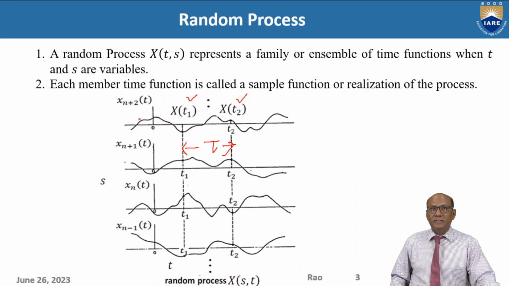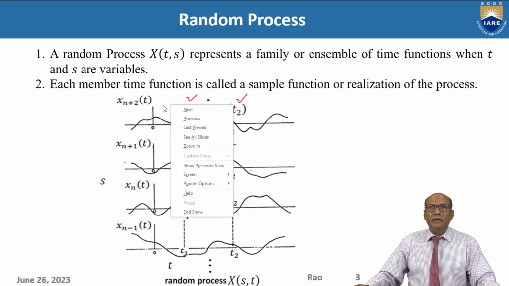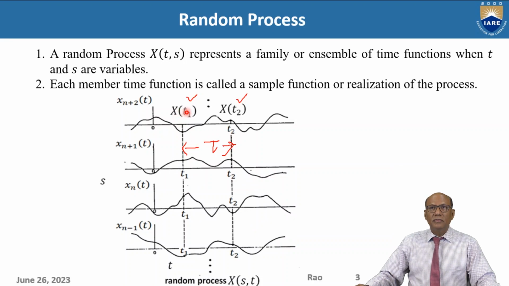So what it means is, I can move this T1 towards left or towards right continuously anywhere between minus infinity and plus infinity. I can shift this vertical line, and in a similar way T2 also I can shift anywhere. So in that sense, for a given T1, tau also can be changed. Tau can be increased or decreased from T1.